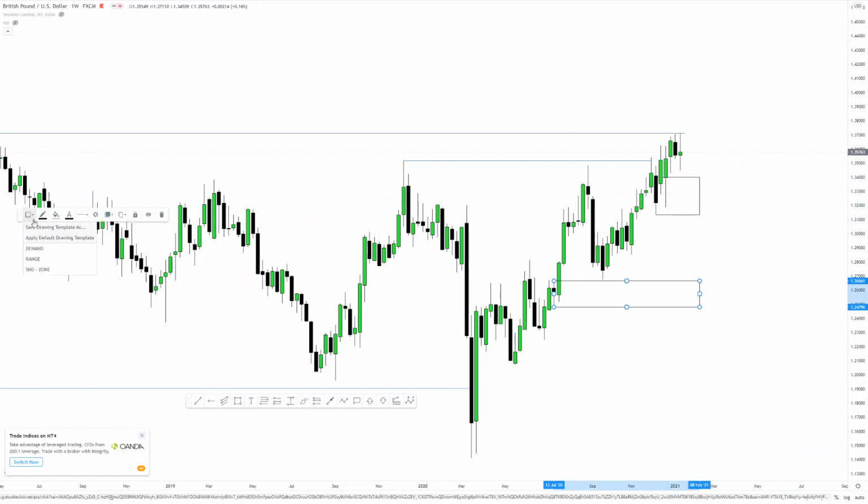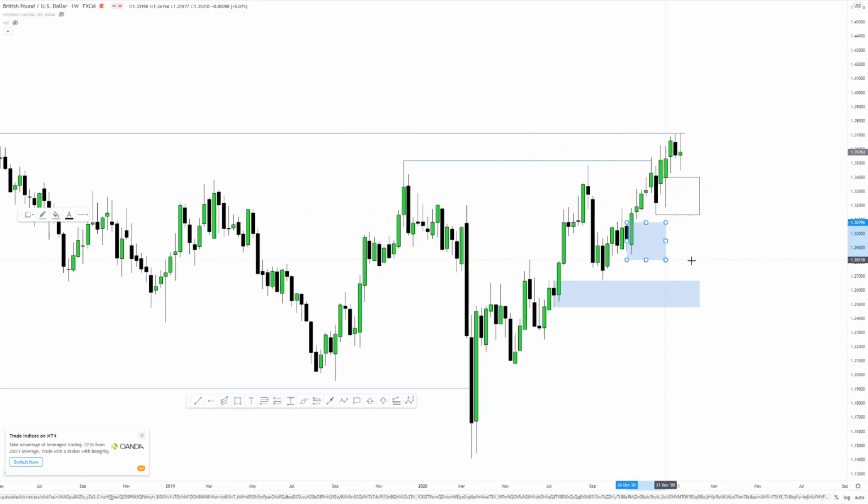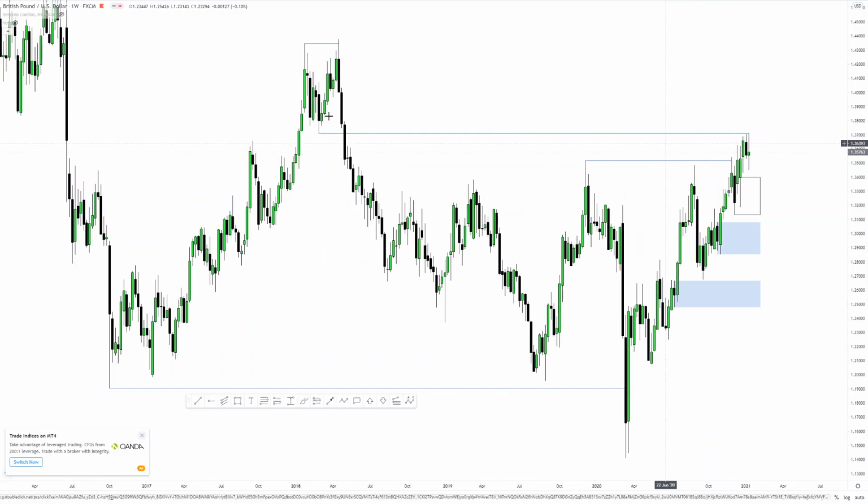You can see that we have this area right here, this area, and we also have this one here as well. And then this is just the monthly zone that we had. We traded back, and this is the breaker area that we traded back into, the low of the breaker.